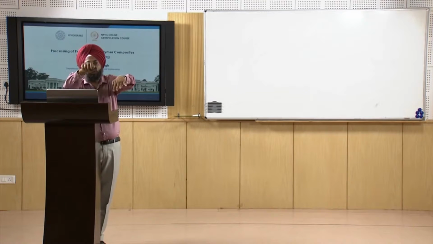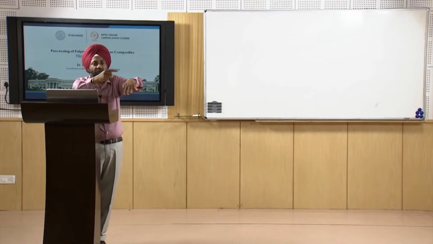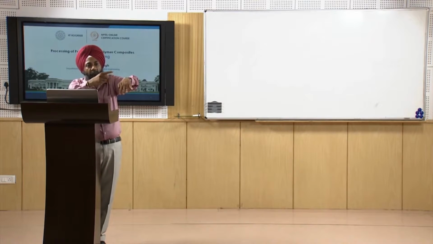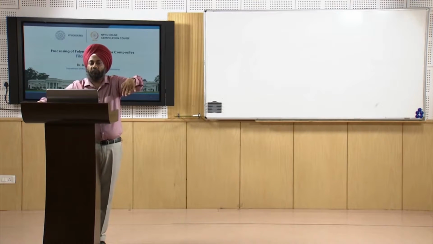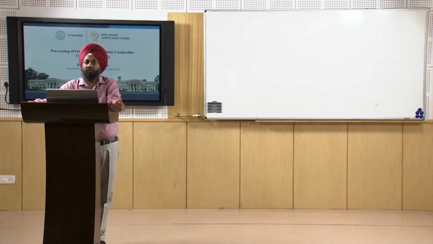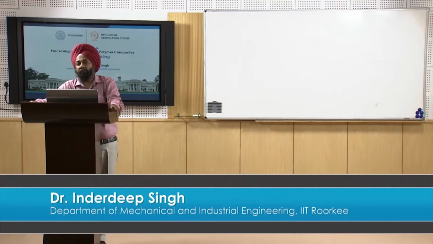The mandrel will be rotating, as all of you may know the lathe machine. On a lathe we have a rotating job. So a similar type of mandrel will be rotating on a similar type of machine, and the fibers will be wound over the rotating mandrel continuously. So this is the basic fundamental of the process or the basic mechanism of the process.